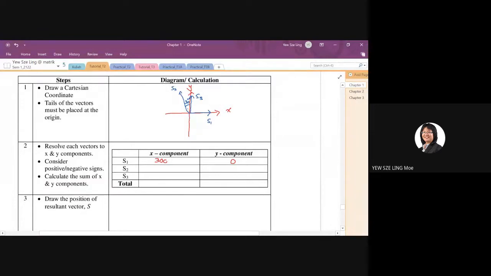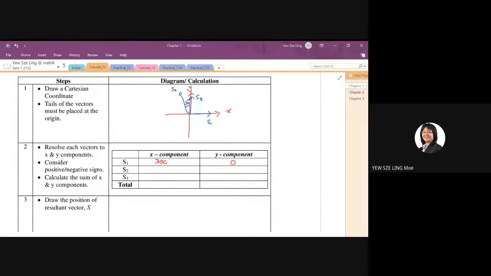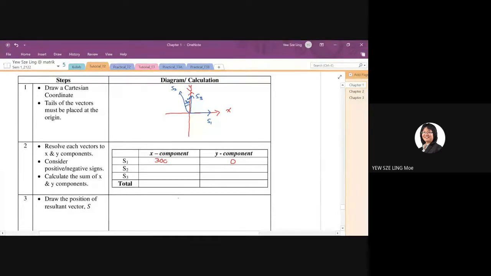Now S2, we have 350 km. If you look at the diagram, the angle is beside the y component. Therefore, for the x component, we are going to use sine. So 350 sin 30 degrees. We use sine for x because the angle is located beside the y component.